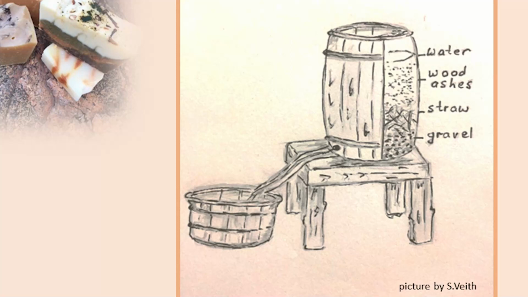There would be a little hole in the barrel, and the water would leach through the ashes and through the straw and the gravel, and it would come out as a very pure lye solution, and then it would go into another container.